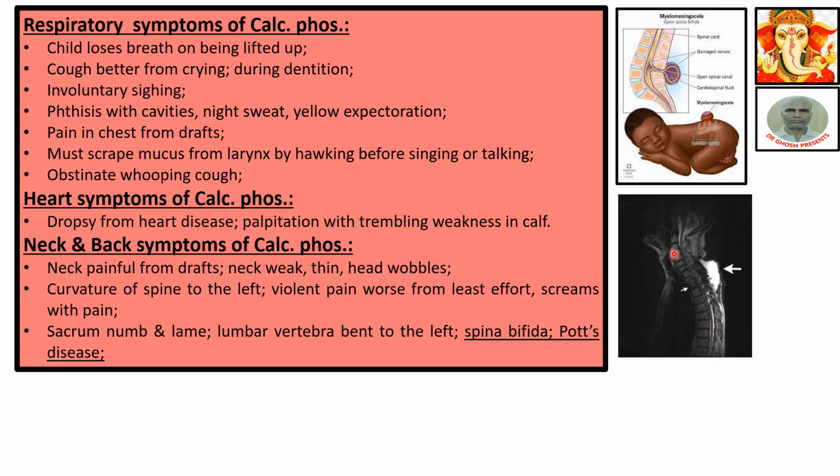When the spine bone is affected with tuberculosis bacteria, then this disease results. This is called Pott's disease. For both these, spina bifida and Pott's disease, Calcarea Phos is the only medicine in our homeopathy.